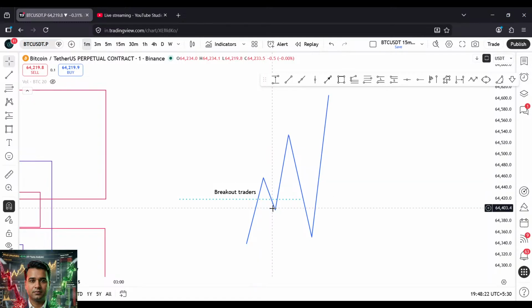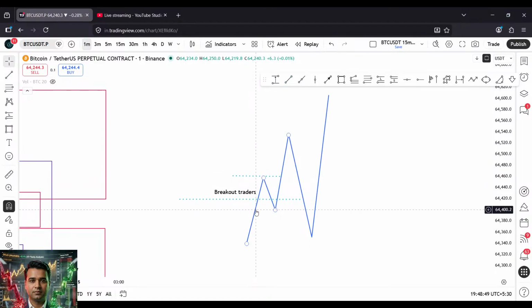When price came down, what will happen? Their stop will trigger. And then these shorters, those who want to short the market, will short here and put their stop somewhere here. Price comes down.